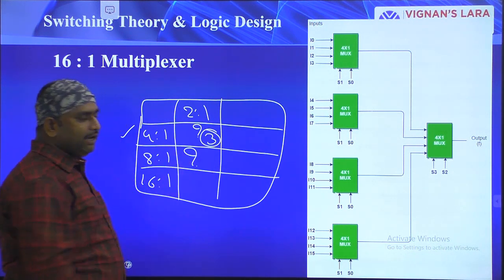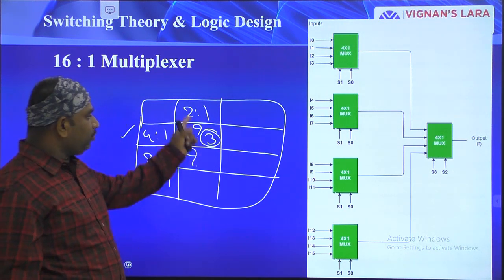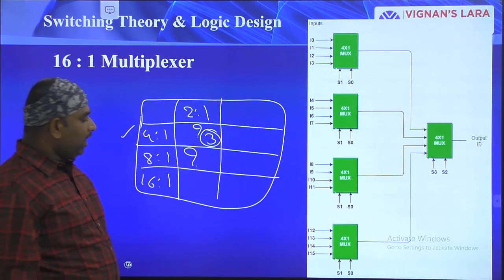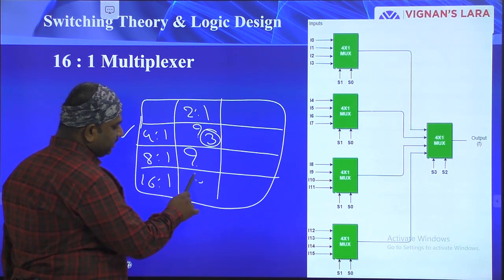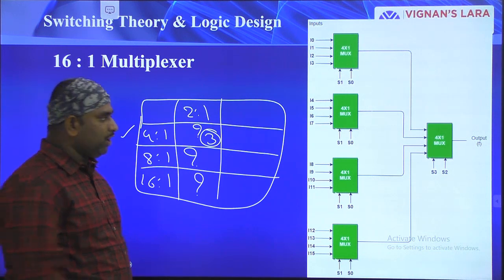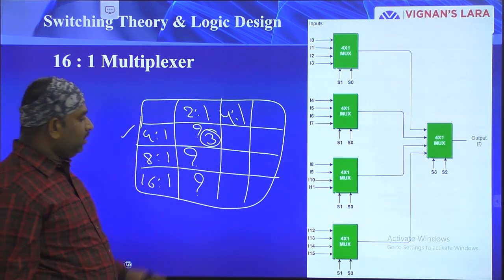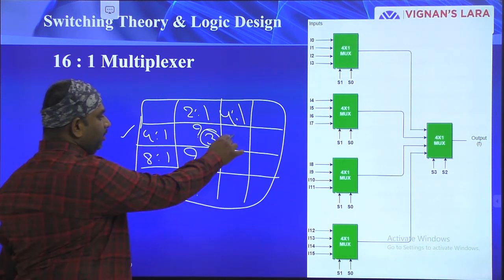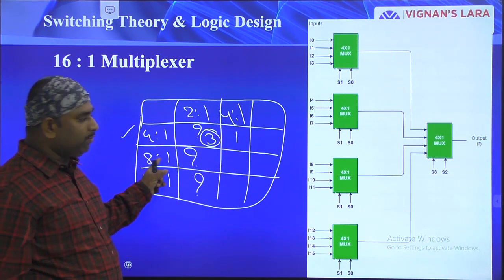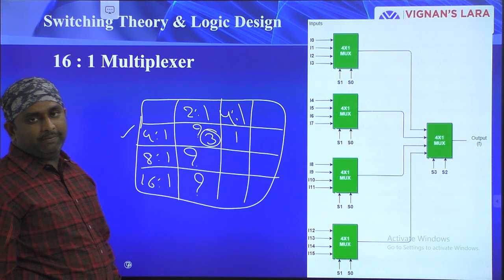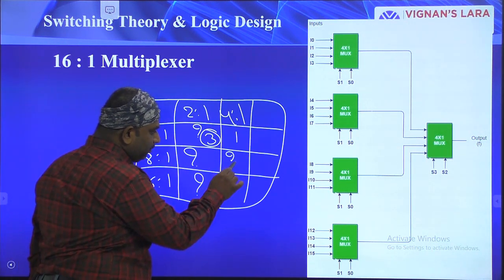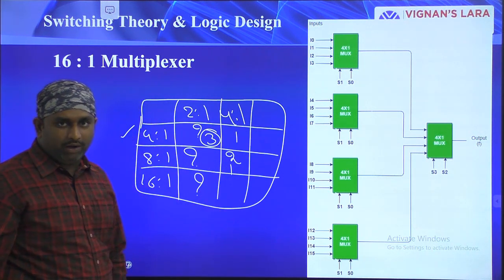Now for implementing an 8:1 multiplexer, how many 2:1 multiplexers have you taken? And for implementing a 16:1 multiplexer, how many 2:1 multiplexers have you taken? Next, for implementing a 4:1 multiplexer, how many 4:1 multiplexers have you taken? Only 1. For implementing an 8:1 multiplexer, how many 4:1 multiplexers have you taken? 2 4:1 multiplexers and 1 2:1 multiplexer.